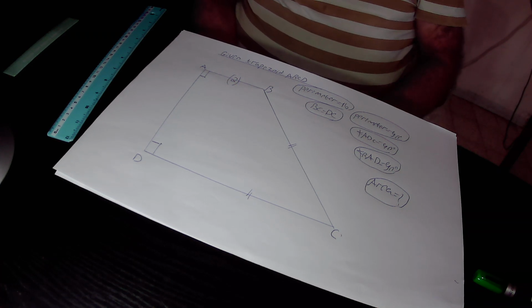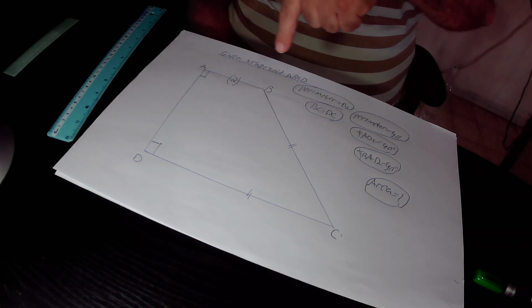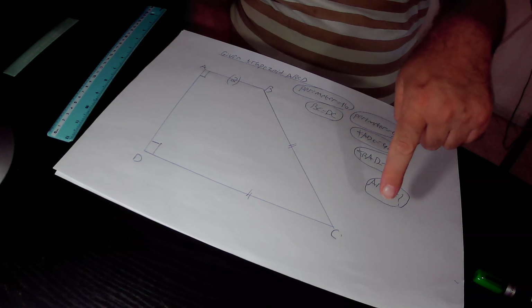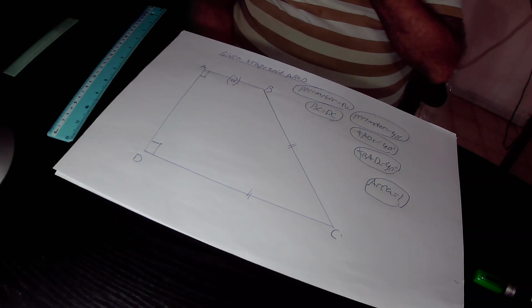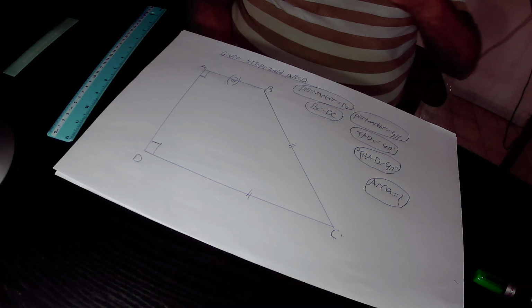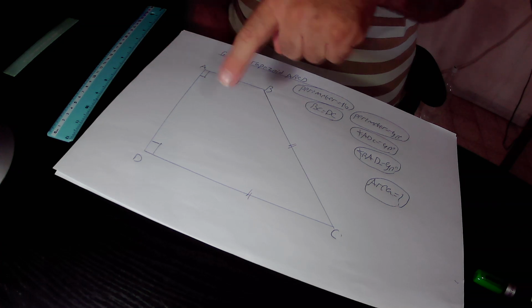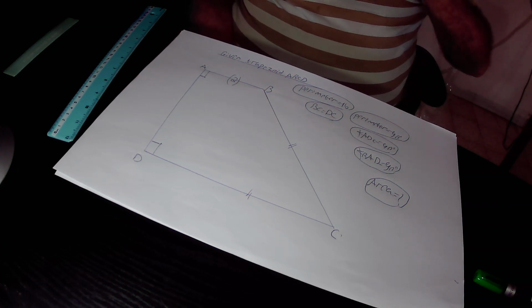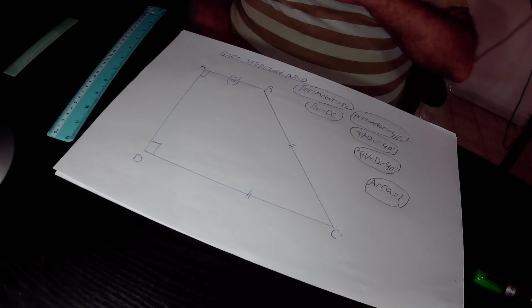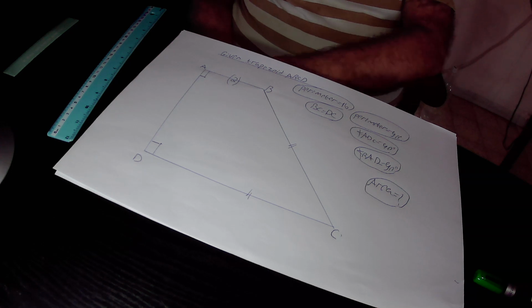That is to say, it is AB plus AD plus DC plus CB. We know that AB plus AD plus DC plus CB, in total, is equal to 16 units. That is the perimeter of this trapezoid ABCD. So I will write it down.